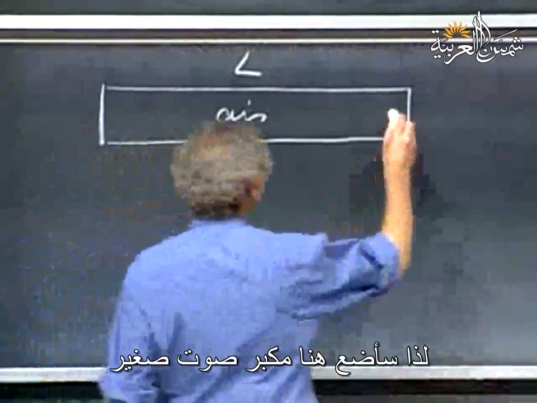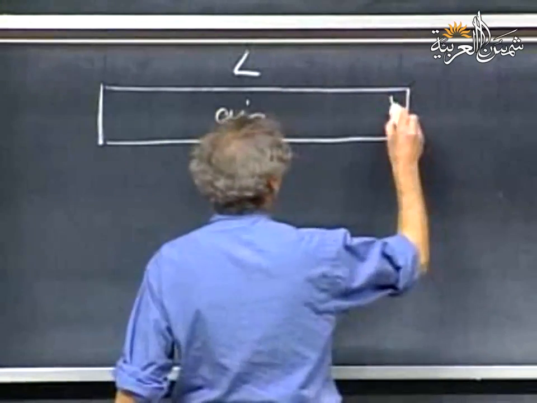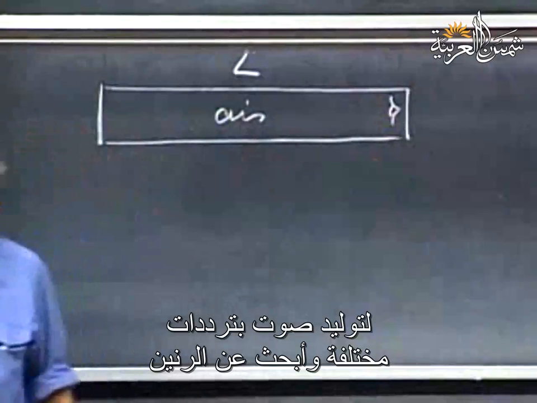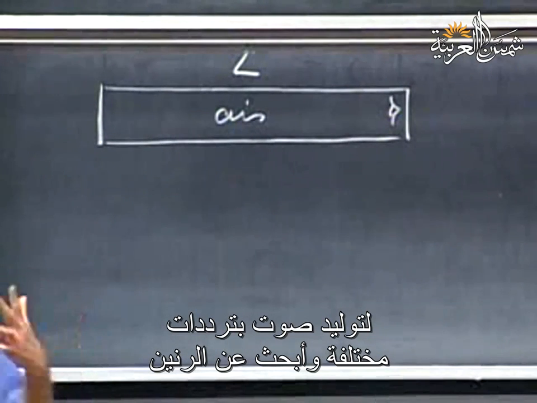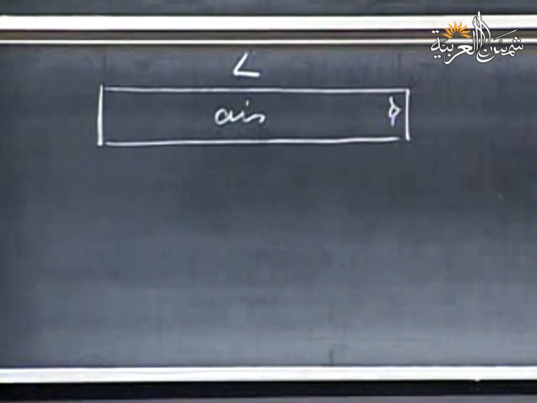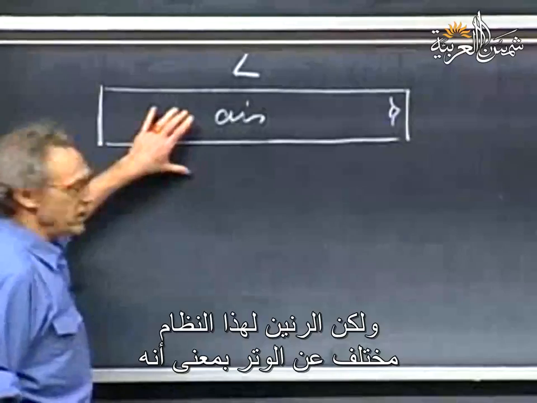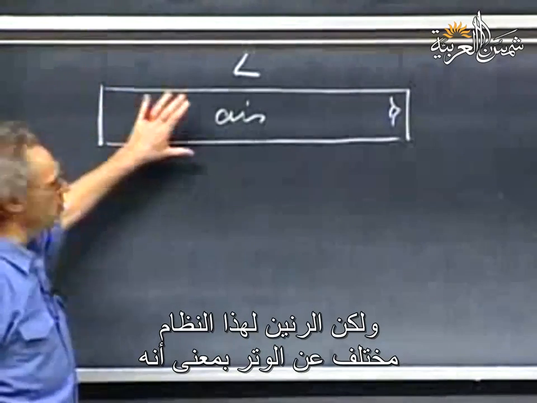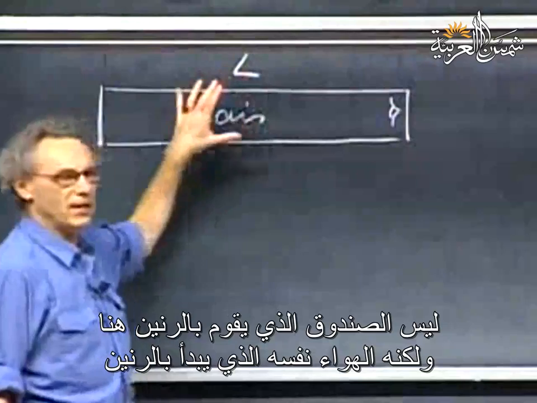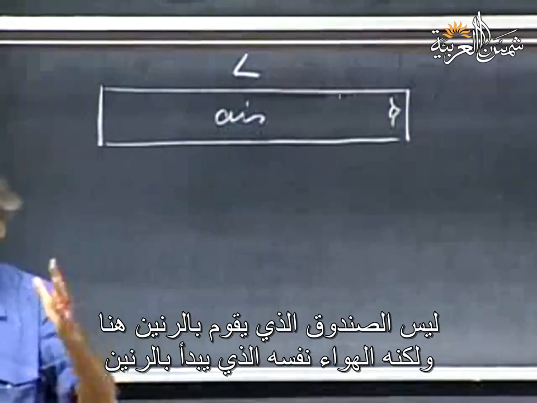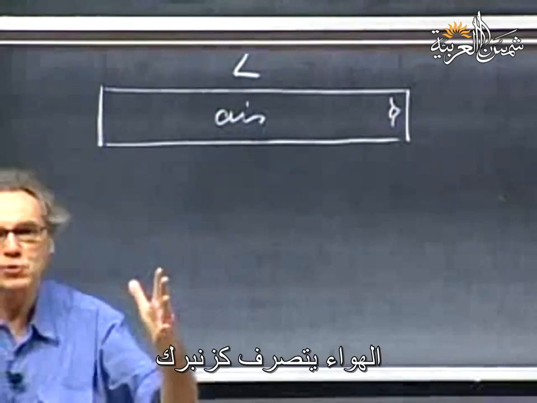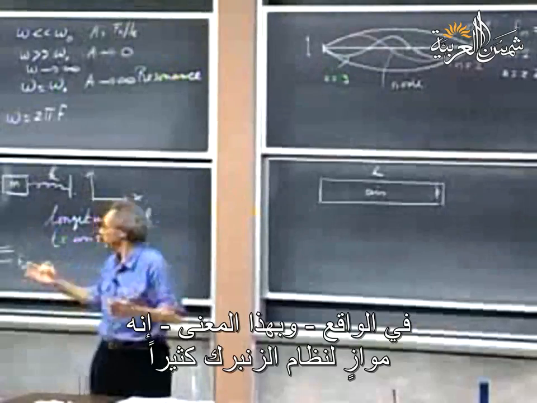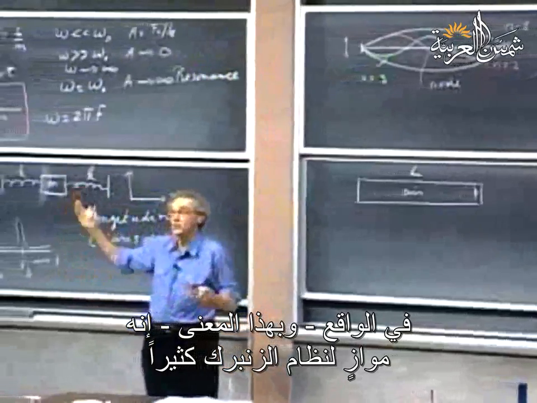So I put in here a little loudspeaker, generate sound with different frequencies, and search for resonances. And there are. The resonances of this system, however, are different from the string in that sense. It's not the box that will resonate here, but it is the air itself that starts to resonate. Air acts like a spring. In fact, in that sense, it is very parallel to our spring system.